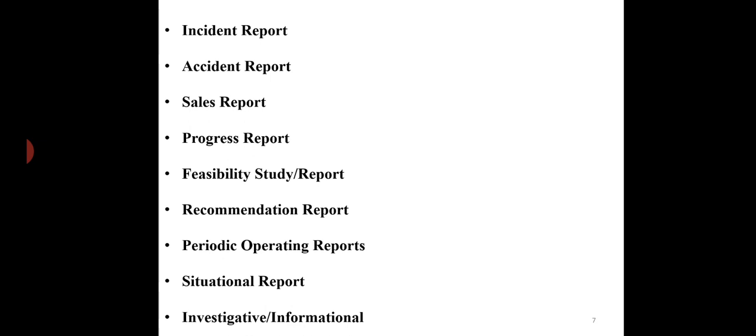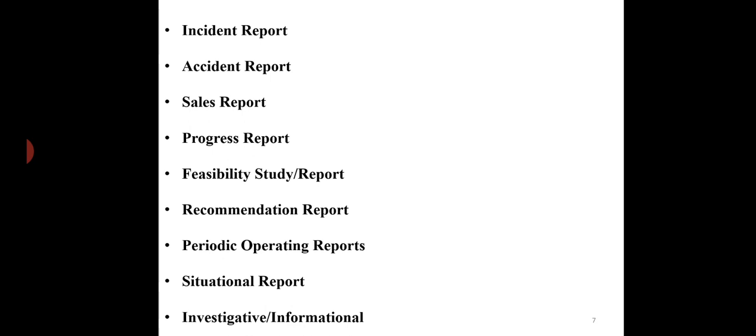Then the next one is sales report. Sales report means a report related to the goods sold, or the finished product sold in the market. Then progress report, which is related to the academic report on how and why something has changed over time, so that is highlighted or described clearly.